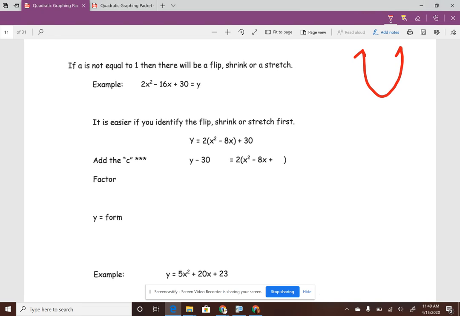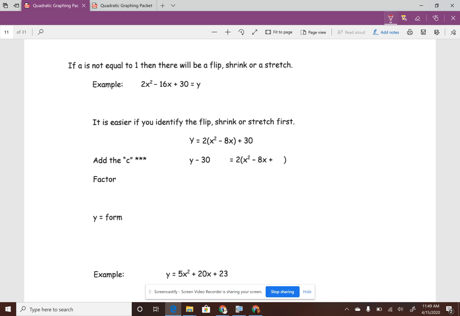It's still going to be symmetric, but it's not going to look like the parabola you're used to when you graph it. It's going to have a flip, which is the same as a reflection, or a stretch, which is the same as a dilation.